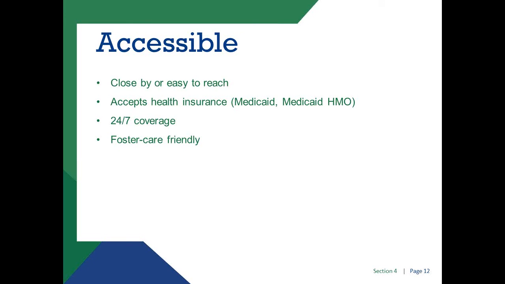And most children, the vast majority of children in foster care at least, if not in kinship care, are covered by either Medicaid or Medicaid-managed care. But not all pediatricians accept those insurances. So making sure that the pediatrician or the family medicine doctor identified actually accepts the child's health insurance is very important. Provides 24/7 coverage, so has after-hours coverage.